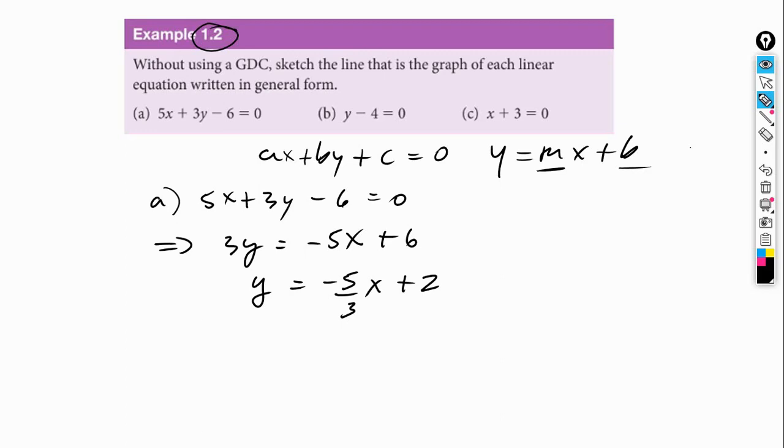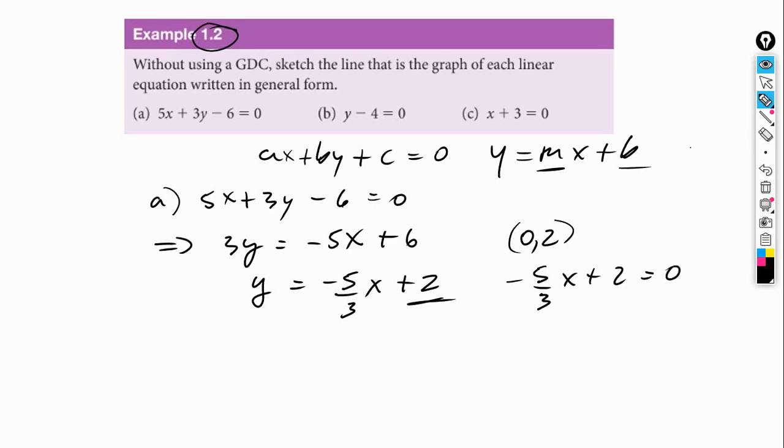So notice that we already have one point, which is the y-intercept. We have the coordinate (0, 2). I like to get the coordinate of the x-intercept in order to graph the function. So we can do this by equaling the function to 0. So minus 5/3 x plus 2 equals 0.